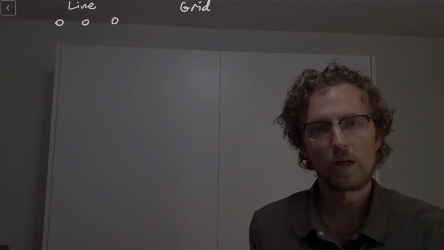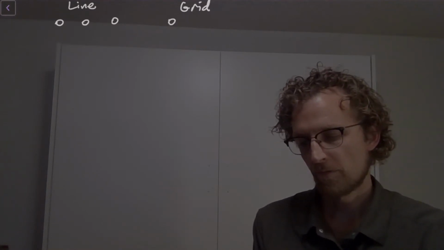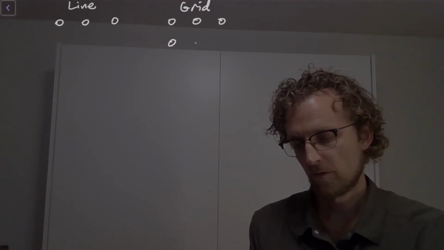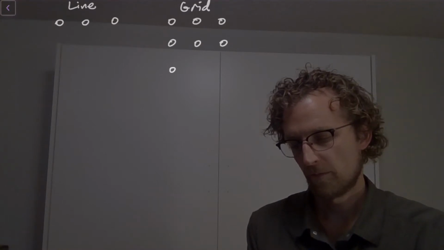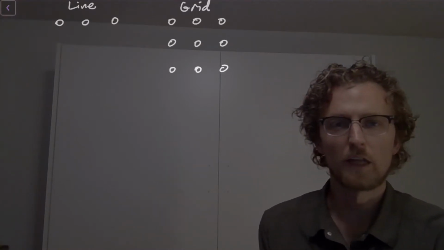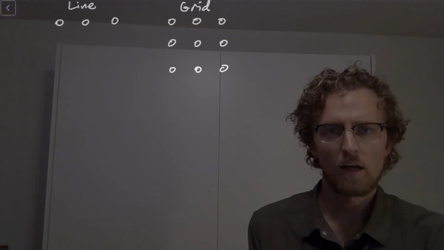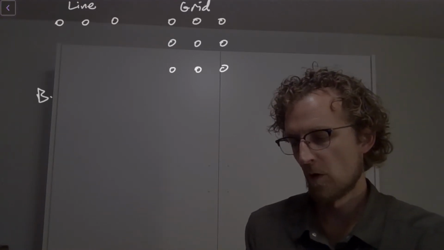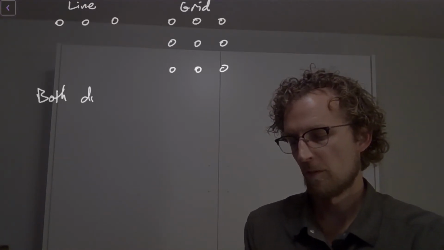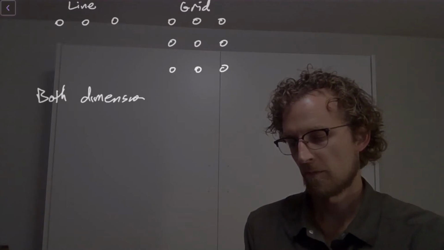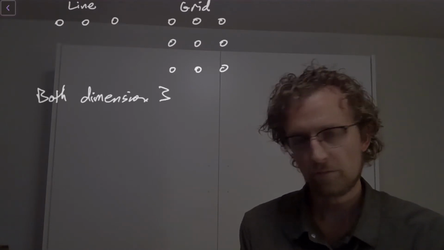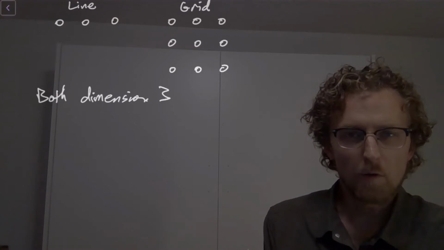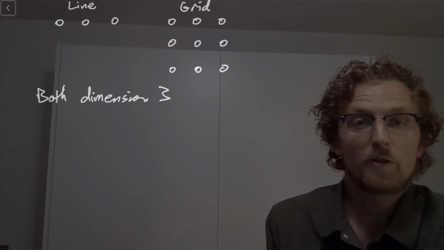This grid will also be dimension 3, so the length of a side of the grid is 3. They're both dimension 3. And we could ask this question, and this is almost just a question of geometry.